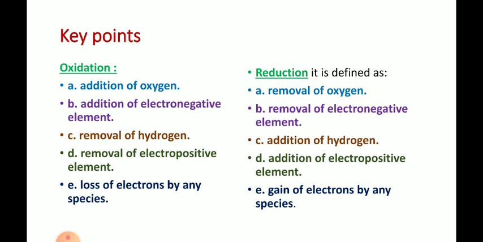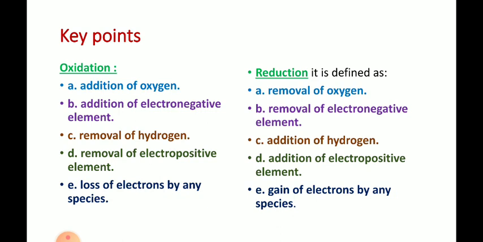Addition of oxygen takes place in the oxidation process. In reduction, removal of oxygen takes place. Oxidation can also be stated as addition of an electronegative element, as we learned in our previous lecture, and in reduction, removal of an electronegative element takes place.